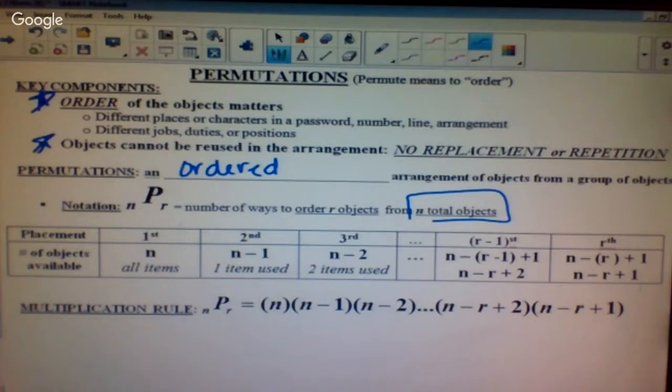Okay, I need to pick a president, vice president, secretary, and treasurer. So, how many places am I filling? 4. So, r represents the 4 places you're trying to fill. So, with that being said, that would be 20P4.